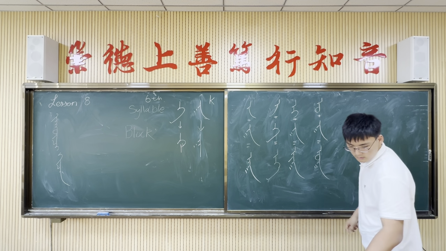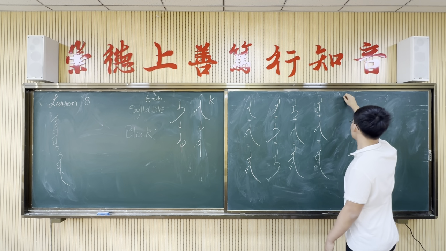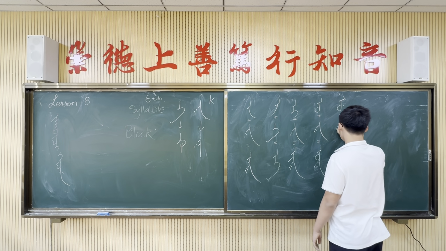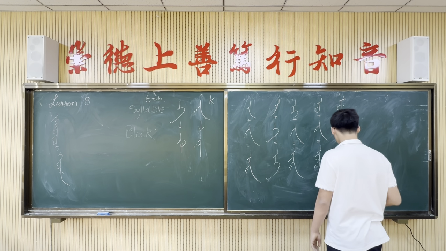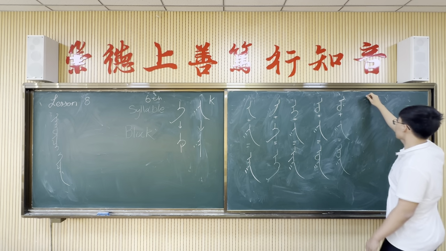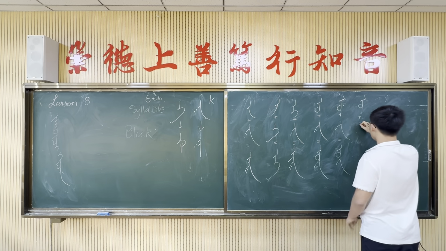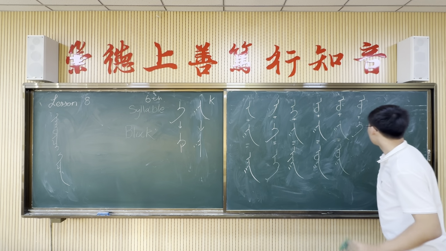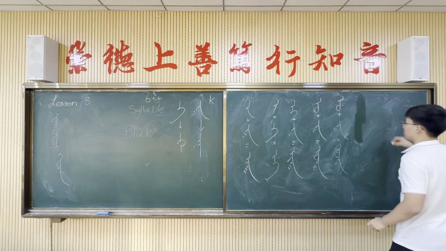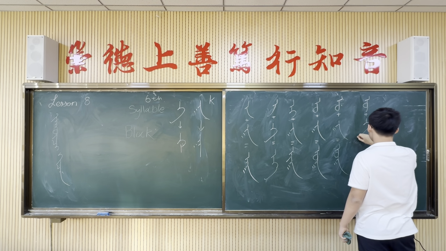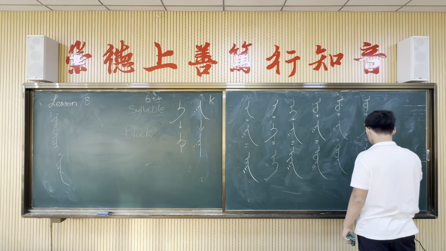U plus k is uk. And then lastly, wa plus k. Actually, we can space it out a bit more. Wa plus k is walk. Walk.